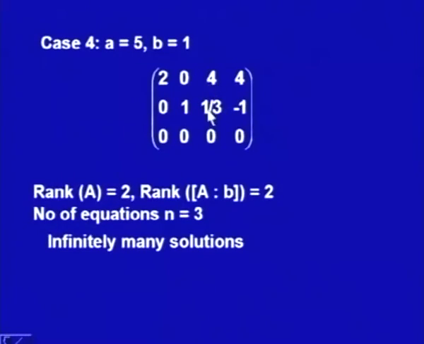You can assign arbitrary values to z, and this equation will still be satisfied. So, we can say x is equal to 4 minus 4z, and from here we can say y is equal to minus 1 minus 1 by 3 z. So, you can assign different values to z and you will get different solutions, and that is why we say that infinitely many solutions are possible.